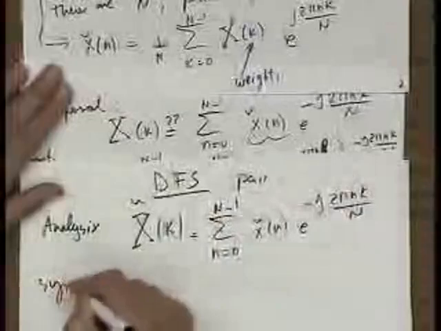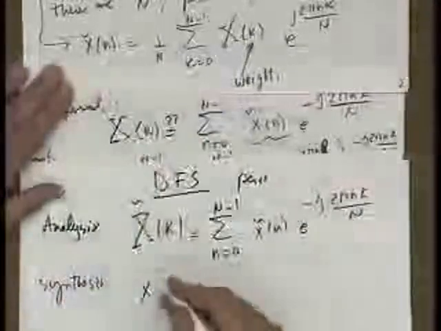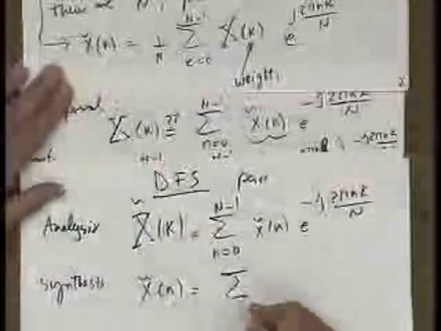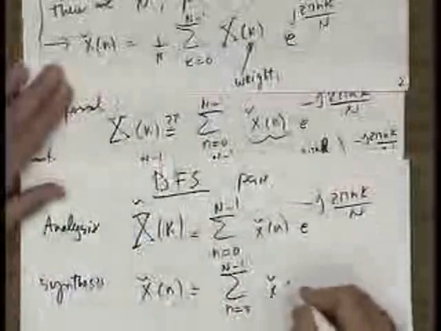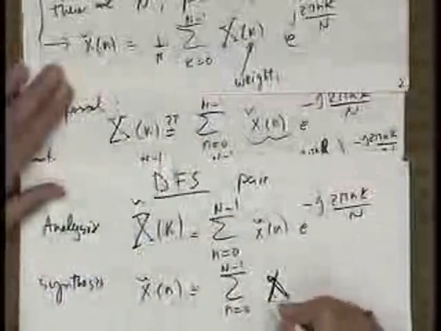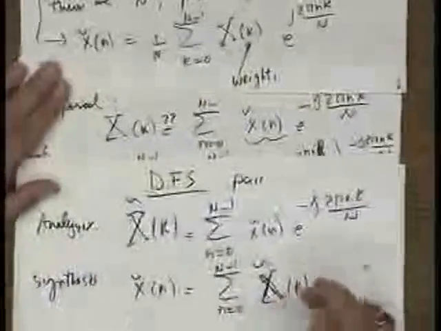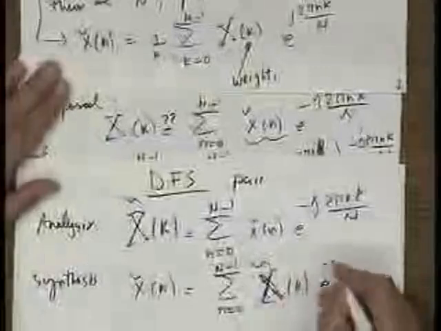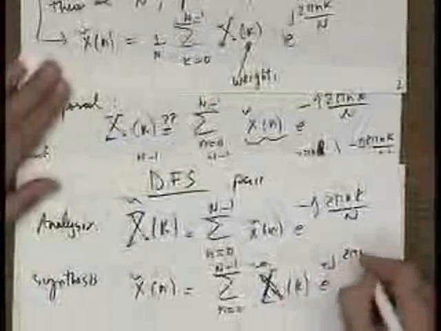And the synthesis part, in other words, synthesizing the signal back, x tilde of n is the summation from k equals 0 to n minus 1 of capital X tilde of k, the weights, the coefficients, times e to the plus j 2 pi n k over n.